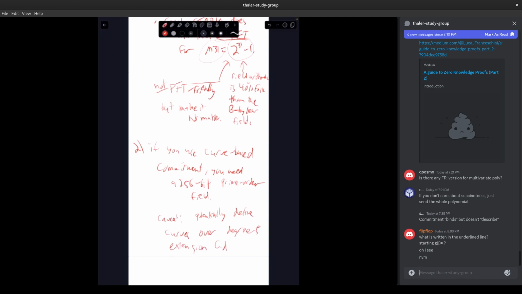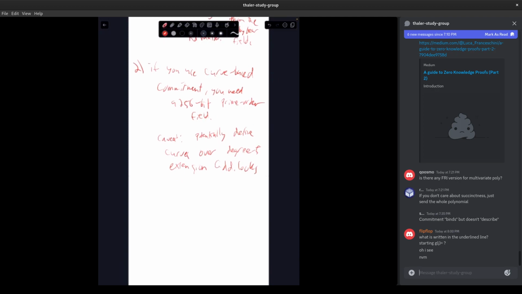Goldilocks is a 64-bit field that is FFT-friendly that people like. So you can get to 256 bits without going to a 256-bit prime, by taking an extension field of a 64-bit field.